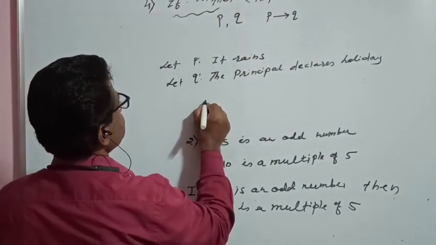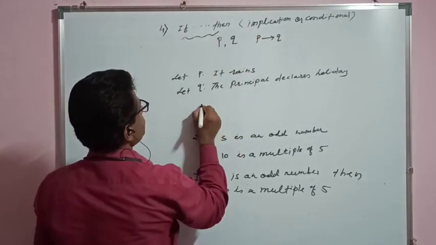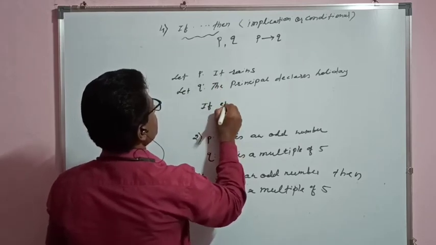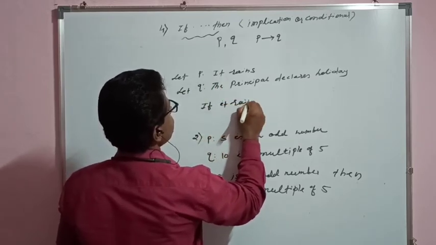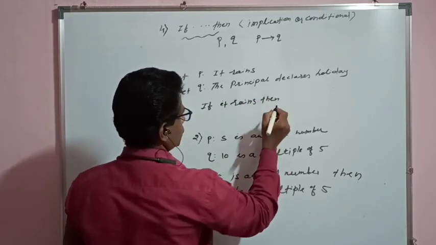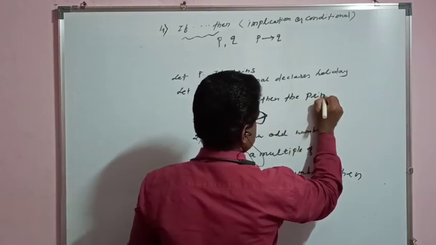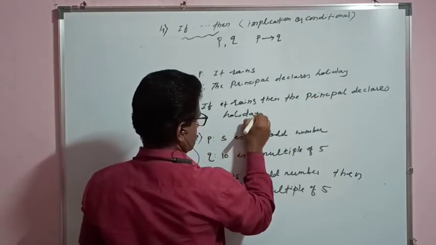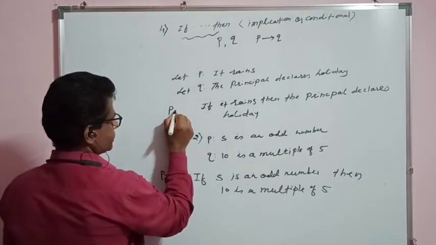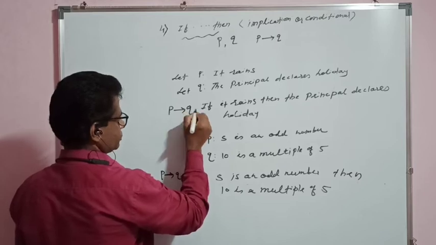So the conditional statement begins with if. So if statement P, it rains, then statement Q, the principal declares holiday. How is it symbolically represented? If P then Q, P arrow mark Q.